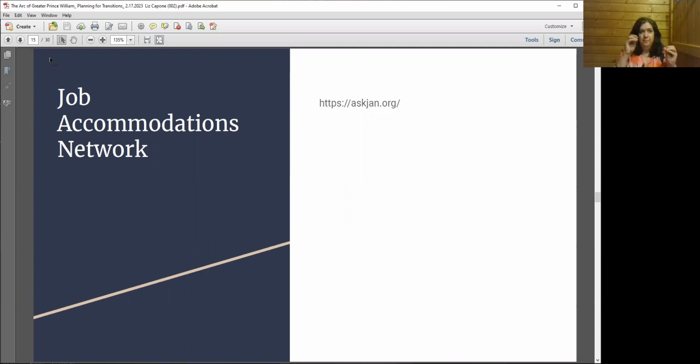They help put together a very individualized plan, I don't know if plan's the right word. They provide recommendations for a list of accommodations that match that job with that person's disability, so that the job still can be performed with accommodations.